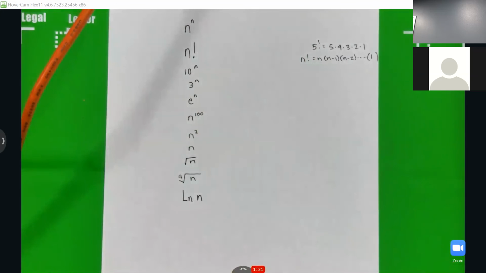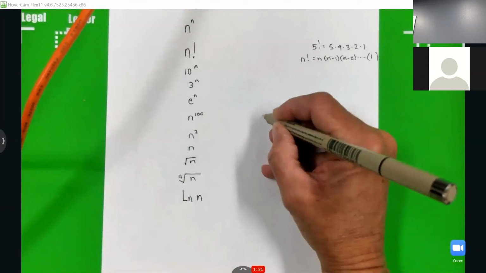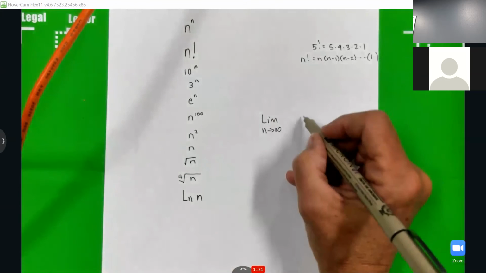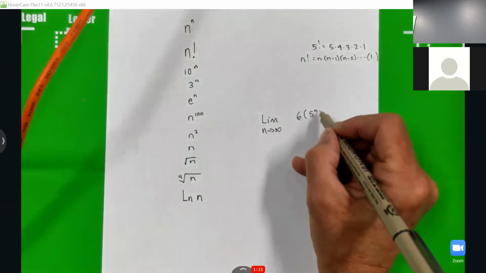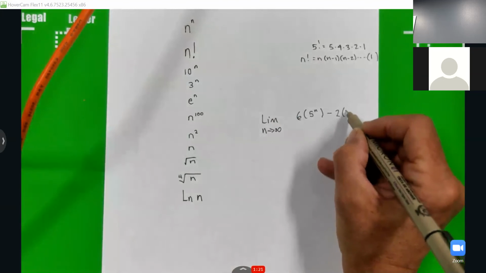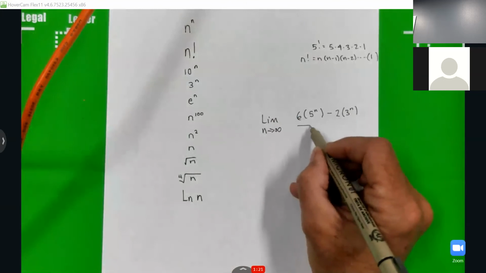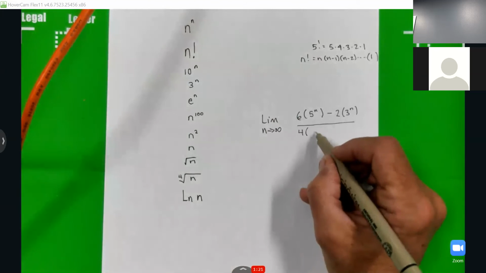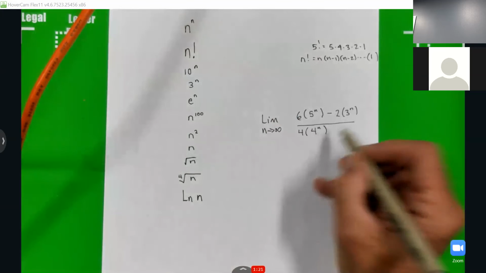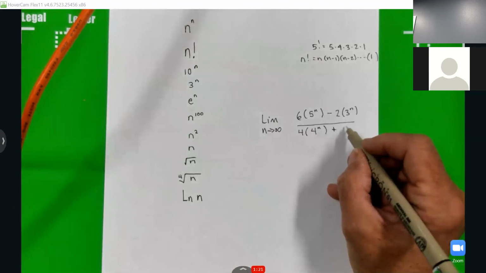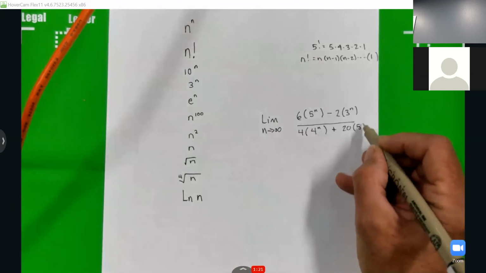So for instance, if I wanted to take the limit as n goes to infinity of 6 times 5 to the n minus 2 times 3 to the n divided by 4 times 4 to the n, which would be 4 to the n plus 1, plus 20 times 5 to the n.